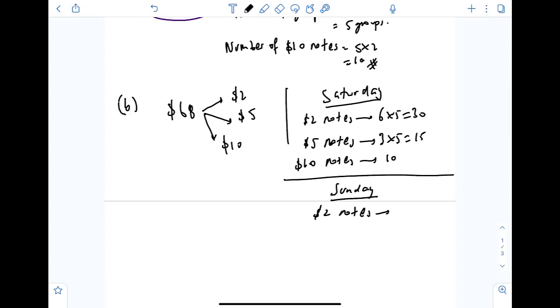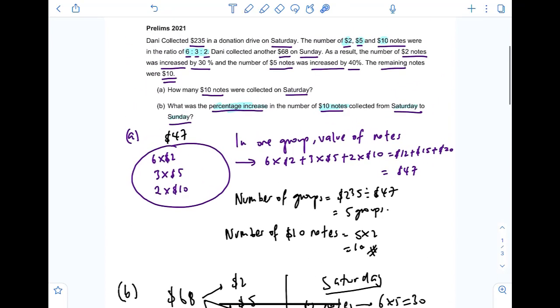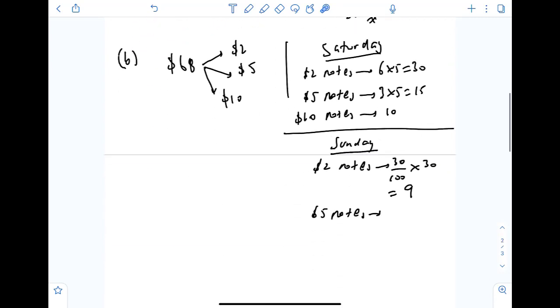So 30% of the original number here, there will be 9 notes. $5 notes increased by 40%. 40 over 100 times 15, there will be 6 $5 notes.